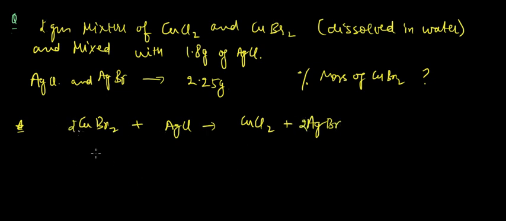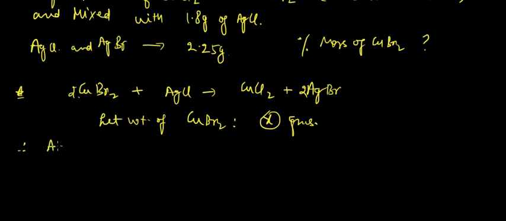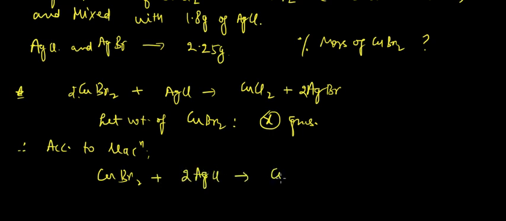Okay, so let the weight of CuBr2 be x grams. Therefore according to the reaction, CuBr2 plus 2 moles of AgCl gives CuCl2 plus 2 moles of AgBr.